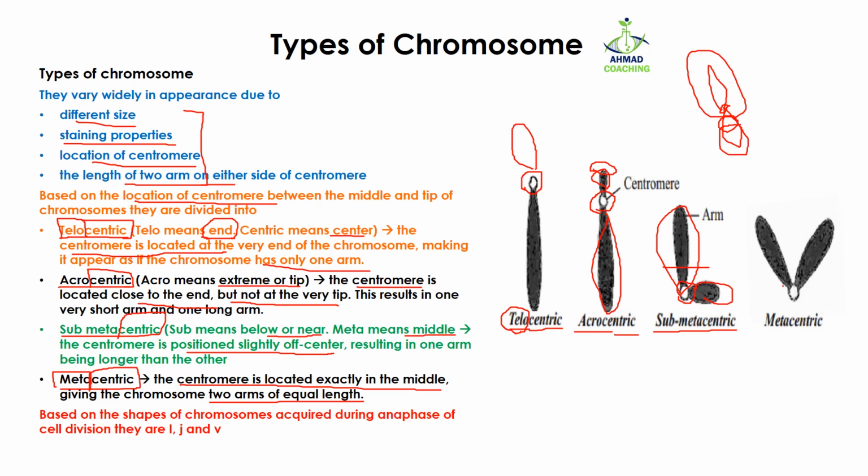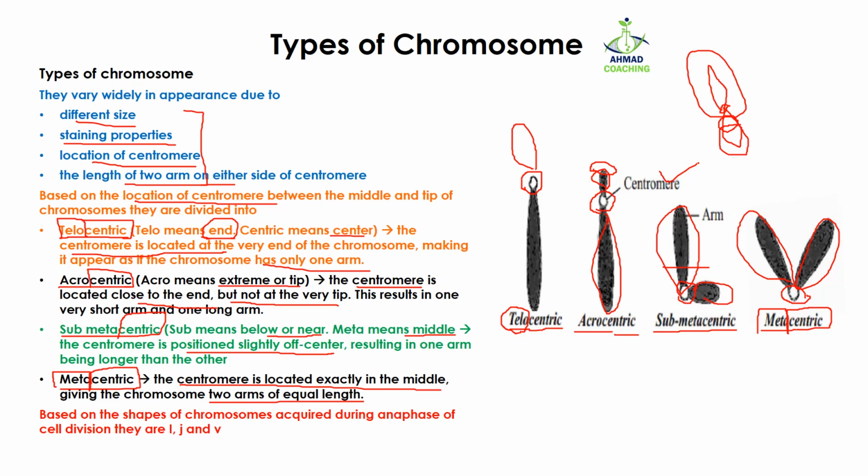So here you can see we have centromere here, and both of these arms are of equal length. That is why it is known as metacentric, meaning that centromere is present in the middle. So these are the 4 different types of chromosomes based on the location of centromere.